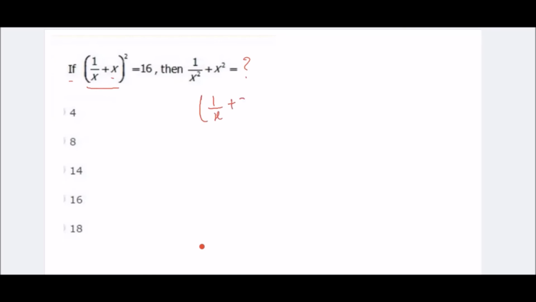1 by x plus x whole square will be a plus b whole square, and the formula is a square plus 2ab plus b square, right? So that will become 1 by x square plus 2, since the x is eliminated, plus x square.